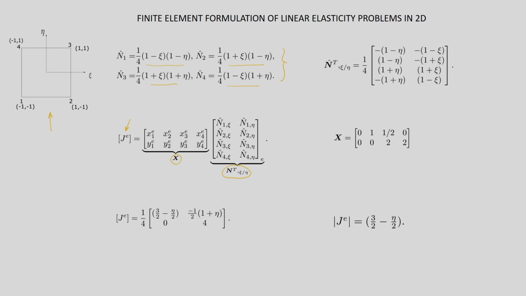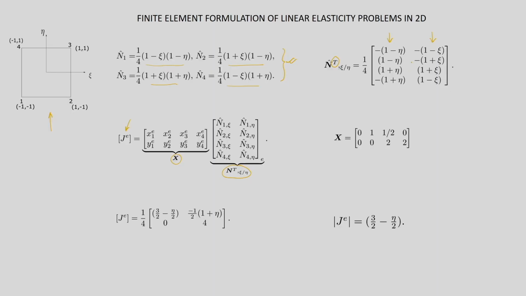So if I know the expressions for ni hats, I can get their derivatives. This column suggests the derivatives of the ni's with respect to xi, this column denotes the derivatives of the shape function with respect to eta. We have taken the transpose of it because in the code I have shown that we are storing the shape functions, n1, n2, n3, n4, in a given row, and their derivatives also we are storing in a given row.